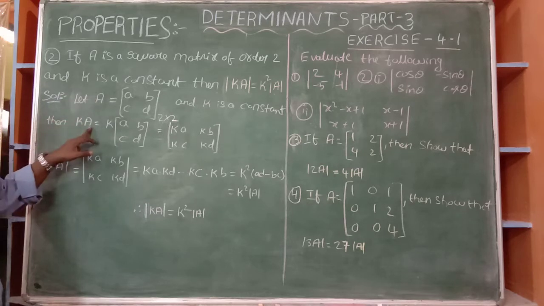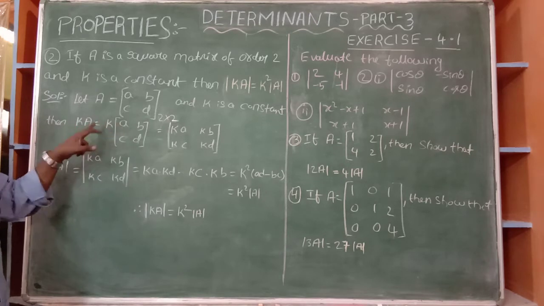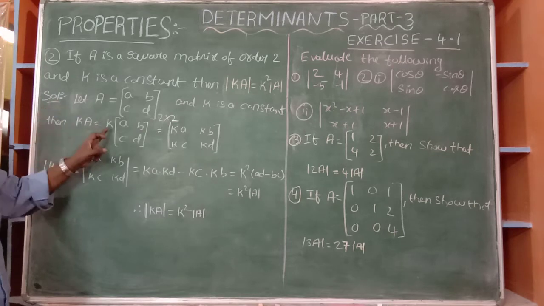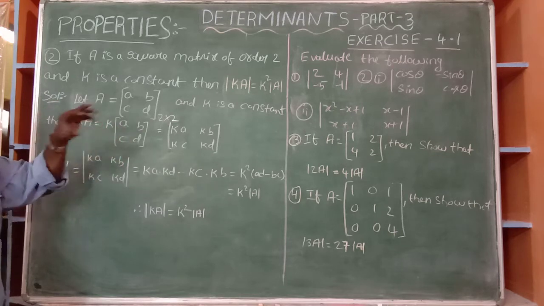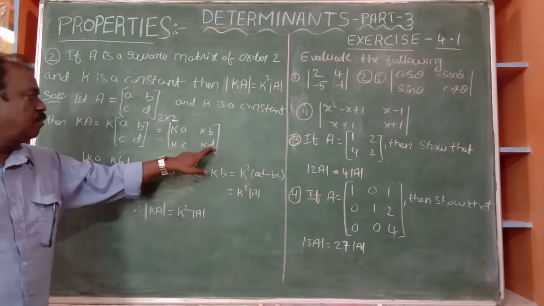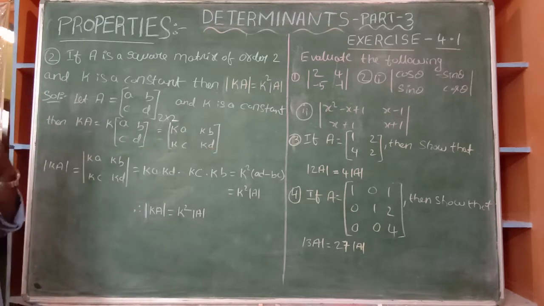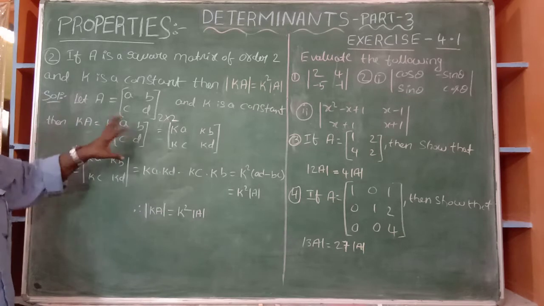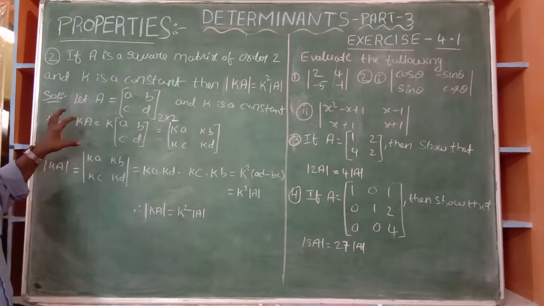Then K times that matrix: the multiplication of a matrix with a constant K means you multiply all the elements inside the matrix. Ka, Kb, Kc and Kd. Then Ka is again a new matrix.